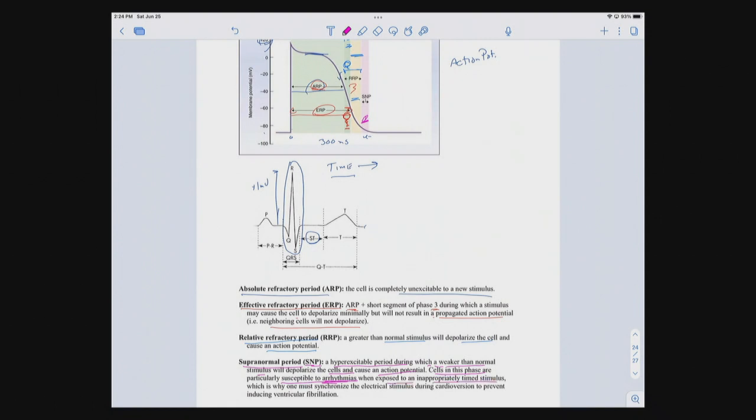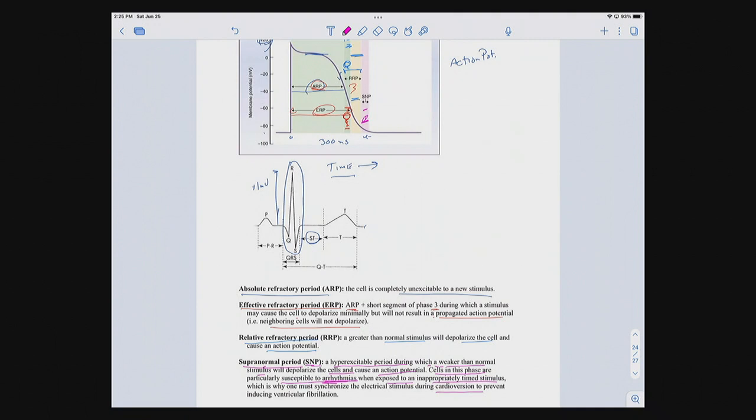Which is why, when you are doing a synchronized electrical stimulus to bring a heart back to normal sinus rhythm, when you cardiovert, you're going to have to be very careful in terms of the timing. Because if you give an inappropriate signal during this little pink phase right there, the supranormal, you can actually kick them into ventricular fibrillation.